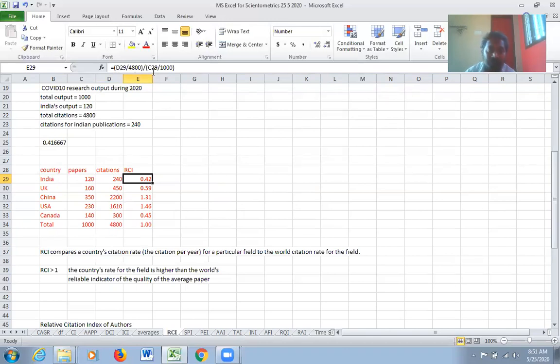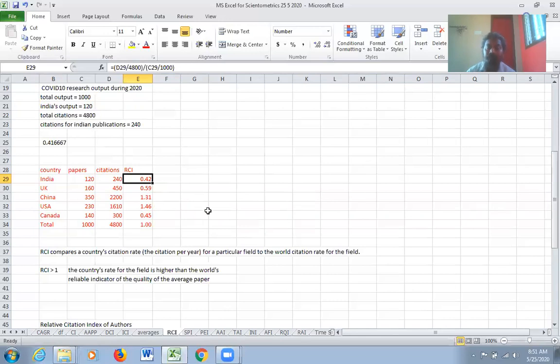But the second portion, C29. What is C29? This is India's production. India has produced 120 papers divided by 1,000. What is 1,000? 1,000 is the total number of papers published by all the countries during the given period. Fine. So what is the relative citation impact of India? It is 0.42. If you take China, it is 1.31.